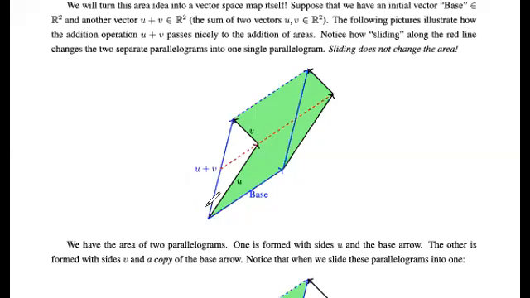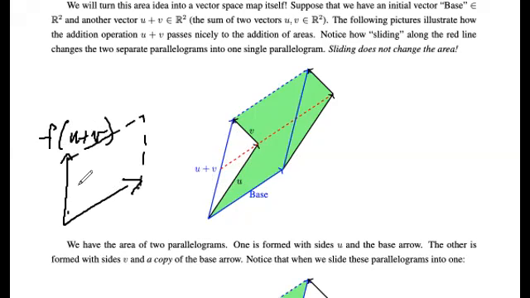So if we, for instance, make a function here like f of u plus v. And what does this function do? This function is defined for this particular base vector. So you have a base vector, that one stays the same. And u plus v, you throw it in, and then you find out what the area of this is.